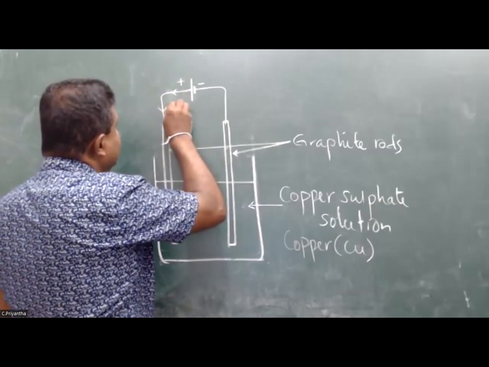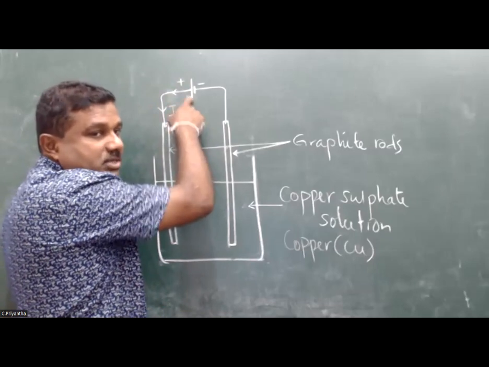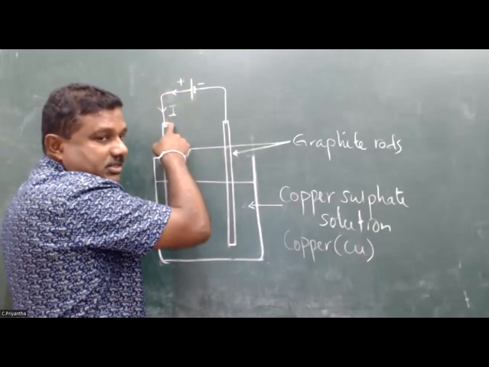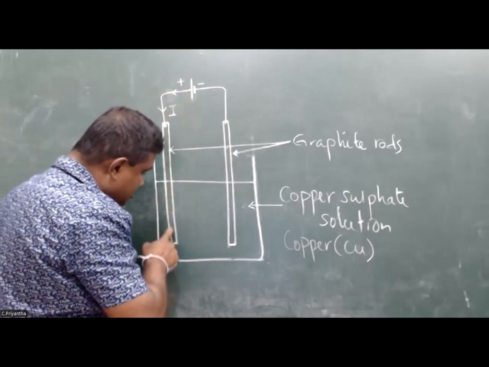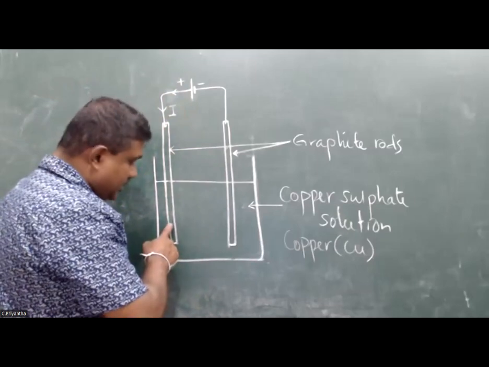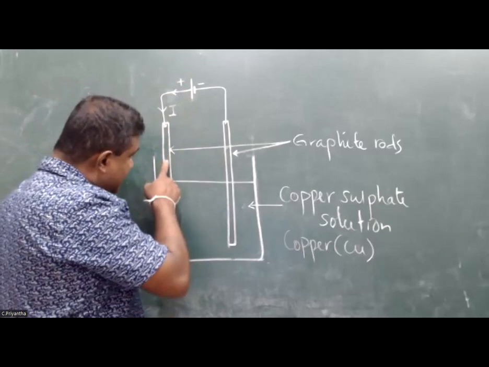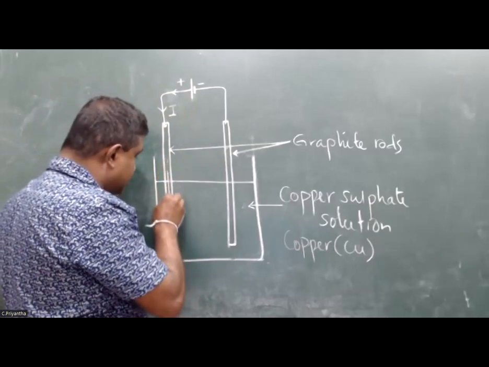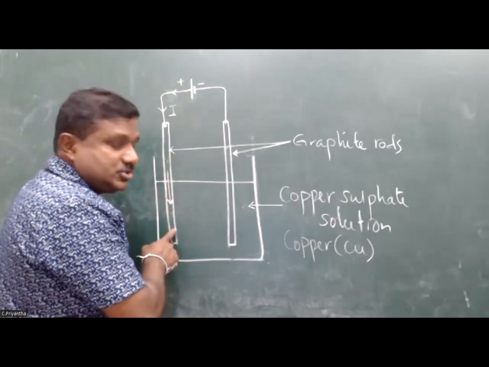The electricity generated by this dry cell passes through this conductor, and this is the rod through which the electricity enters the solution.